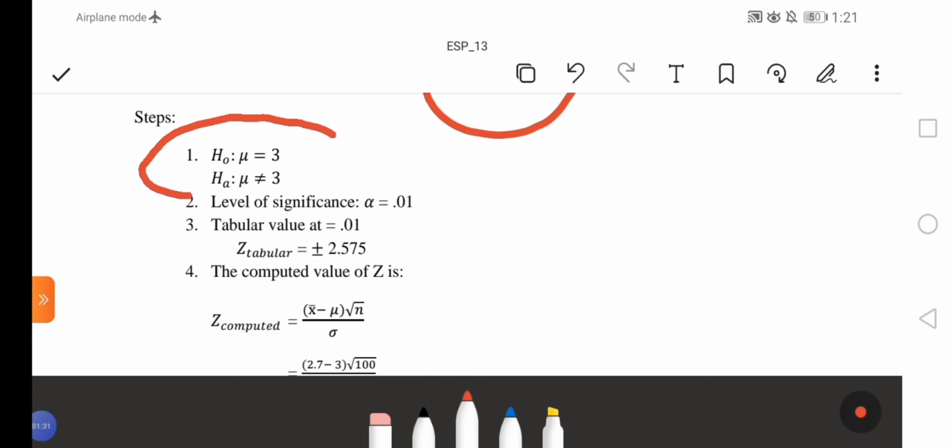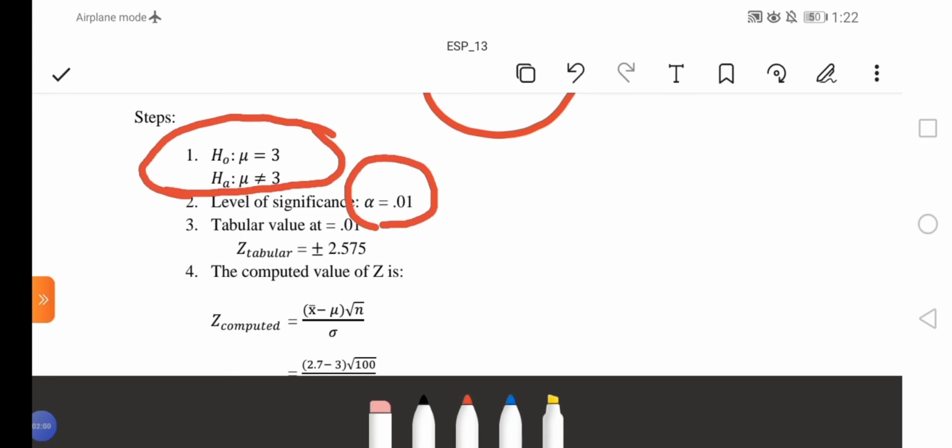Our null hypothesis is population mean is equal to 3, and for our alternative hypothesis, population mean is not equal to 3. Step number 2 is state the level of significance. And again, nakastate yung level of significance natin sa example na binigay or binasa ko kanina, which is 0.01.